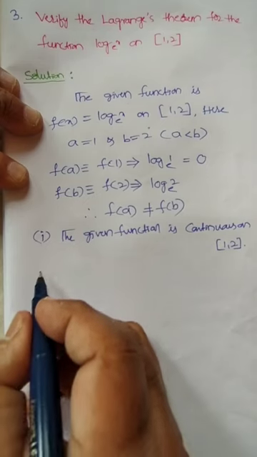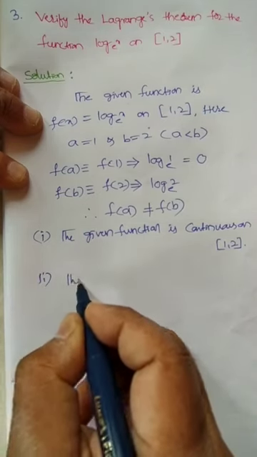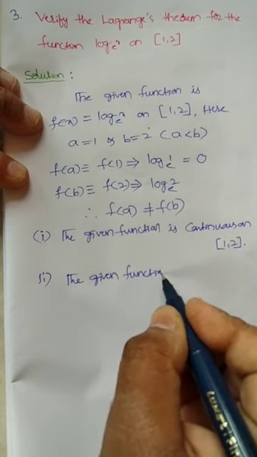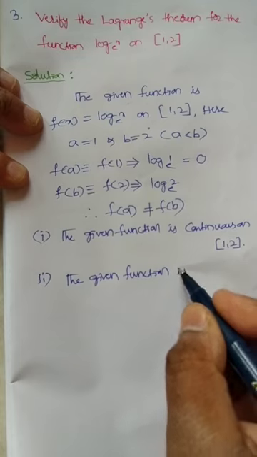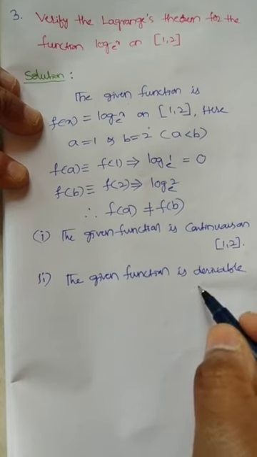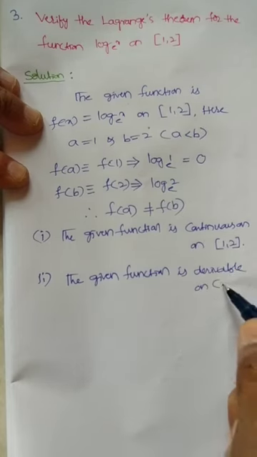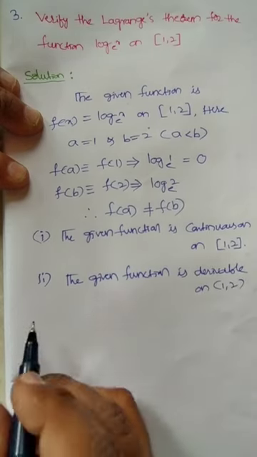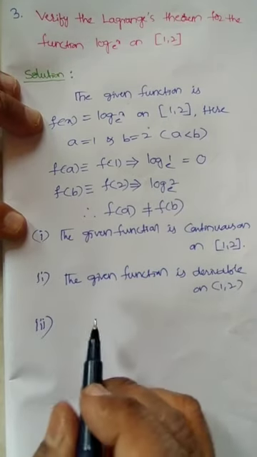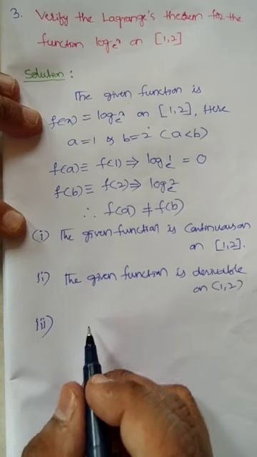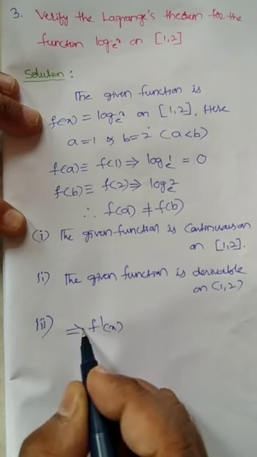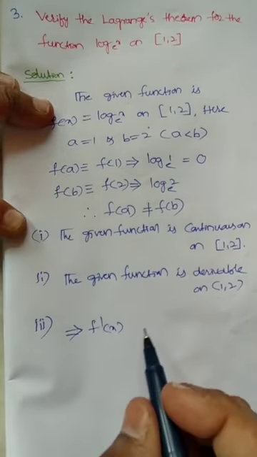Second condition: the given function is derivable on open interval 1 comma 2. The general conditions as written. Now the third condition we have to verify. For that, first we need to find f dash of x. It implies f dash of x means differentiating the given function. Log x derivative is 1 by x.